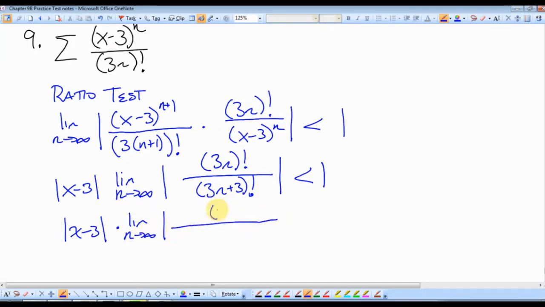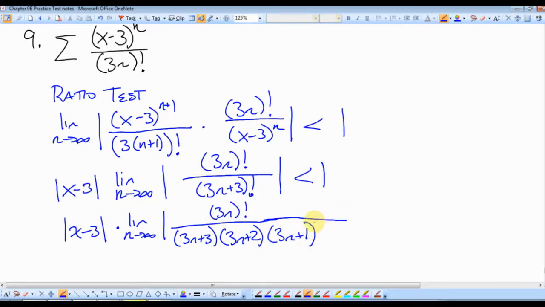Okay, numerator is going to stay the same. That's 3n factorial. Then we're going to start with 3n plus 3. What's the integer before 3n plus 3? 3n plus 2. What's the integer before 3n plus 2? What's the integer before 3n plus 1?